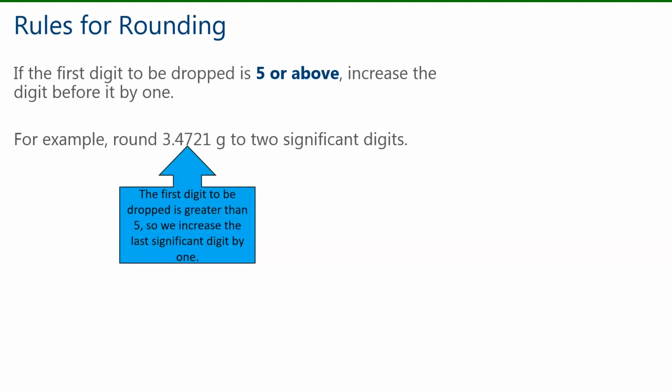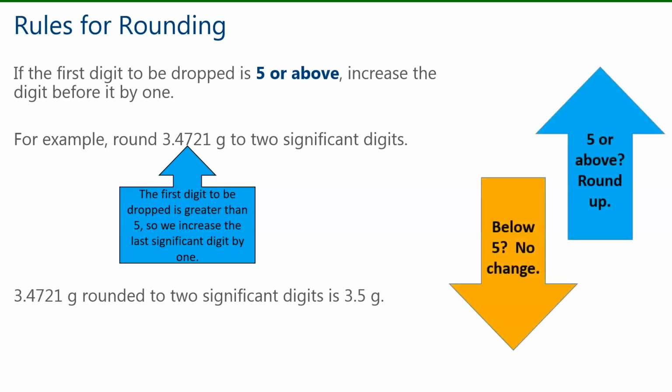The first digit to be dropped is greater than 5, it's 7, so we increase the last significant digit by 1. Our answer then of 3.4721 grams, rounded to 2 significant digits, is 3.5 grams. So again, if the first digit to be dropped is 5 or above, round up. If the first digit to be dropped is below 5, make no change.